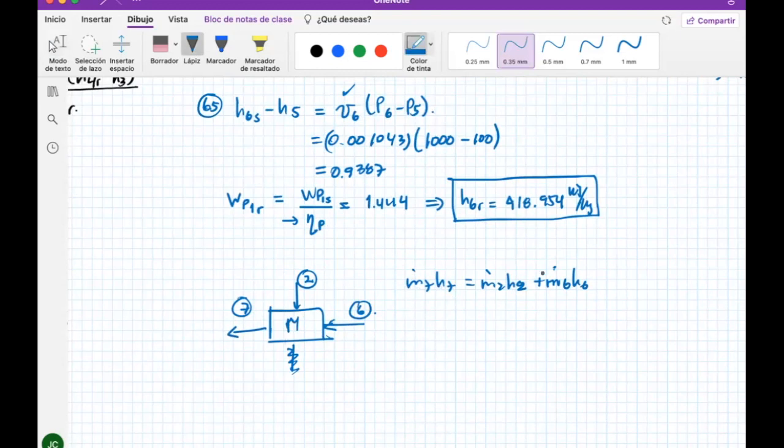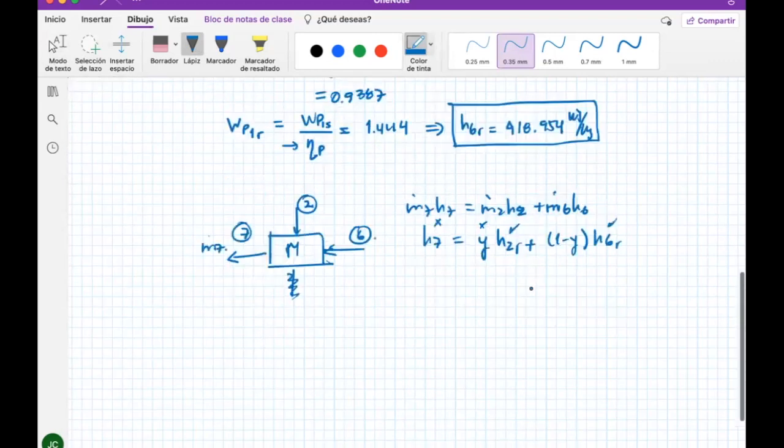Now let me divide everything by m7. If you do that, H7 is going to be equal to yH2, hopefully you know y, plus (1 minus y)H6. We already solved this H6R, and we know how much H2 is, but we don't know H7 and we don't know y. So we're in a problem.